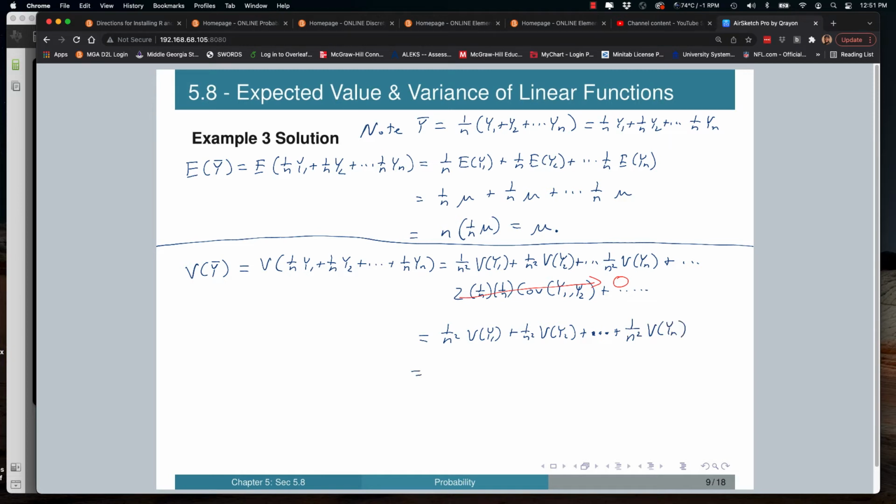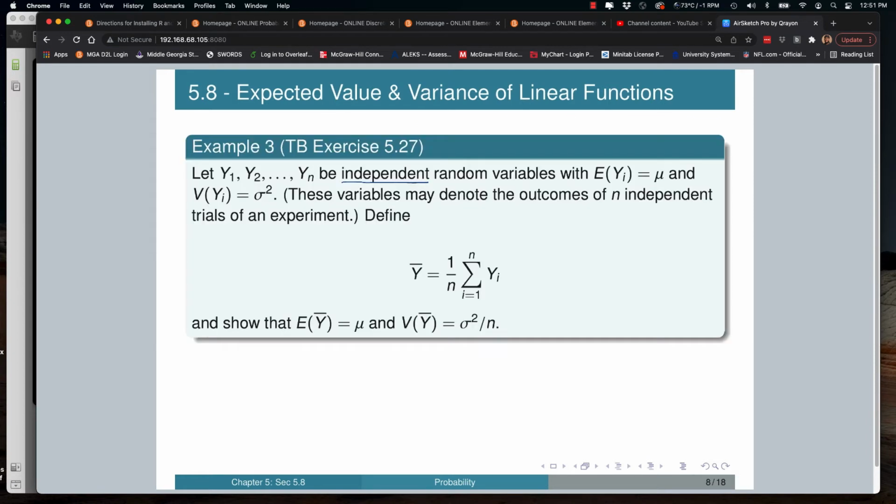Well, variance of y sub 1 is, as we saw on the previous slide, what they told us in the problem here: the variance of any y sub i value is equal to sigma squared.